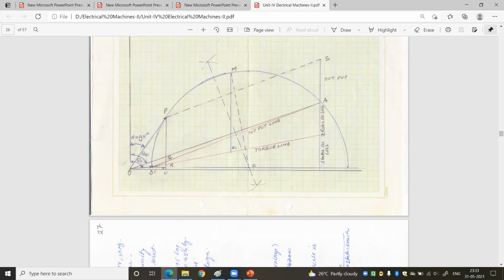Similarly, convert O to P into centimeter and multiply by the current scale, and it will give the full load current. The angle subtended between the y-axis and O to P is the full load power factor. In this way, the circle diagram is useful for calculating different parameters of the three-phase induction motor.